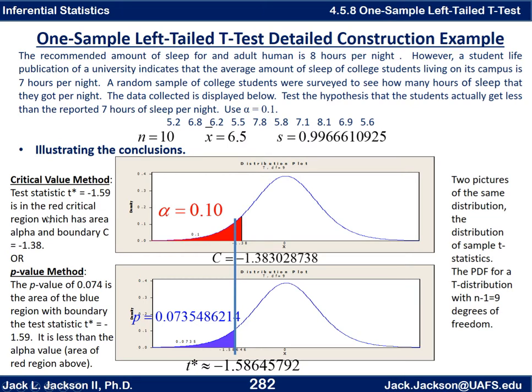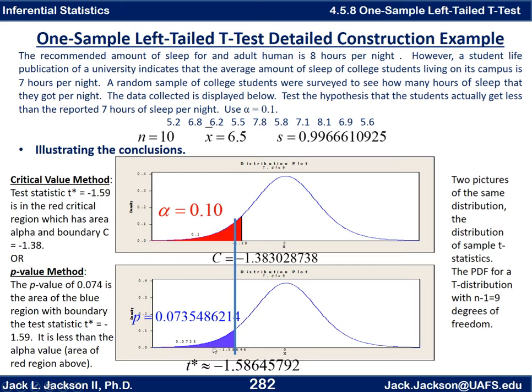So there we go. So what can we do? In the critical value method, we compare where the T star statistic is to the C. In this case, it's to the left of C. That puts it in the red region, the critical region. And anytime you're in the critical region, we reject the null hypothesis. If it had been over here in the white region, then we would have not rejected the null hypothesis. The p-value method, then we're just comparing areas to areas here, or probabilities to probabilities, and notice that the probability of 0.07 is less than the probability up here at 0.1.